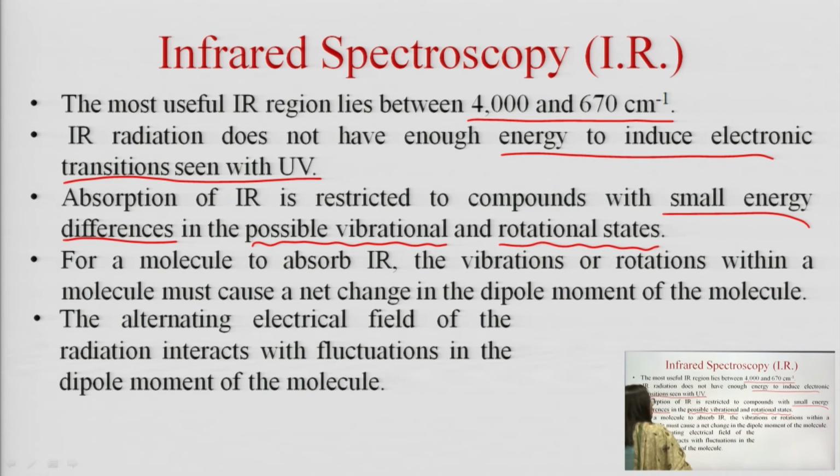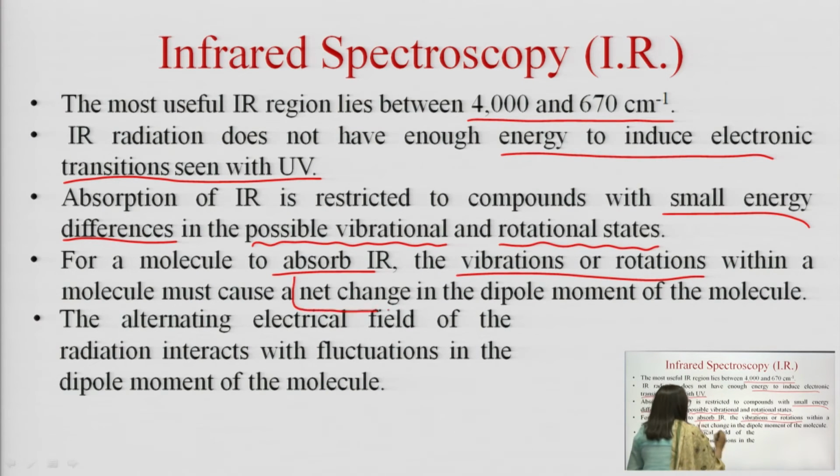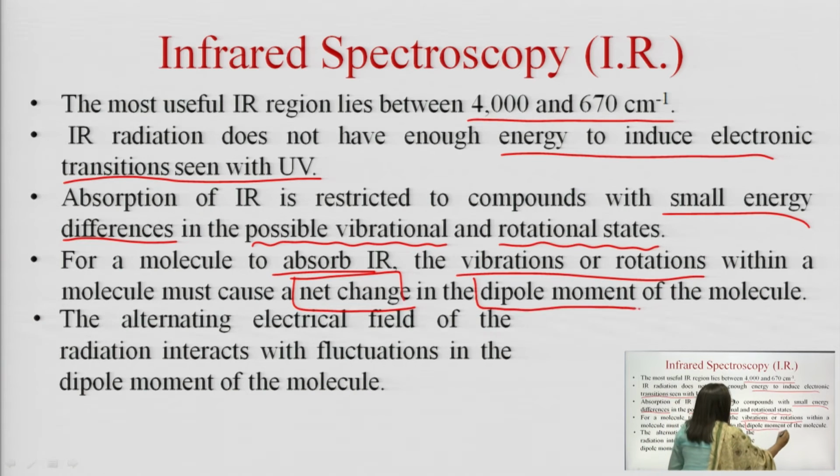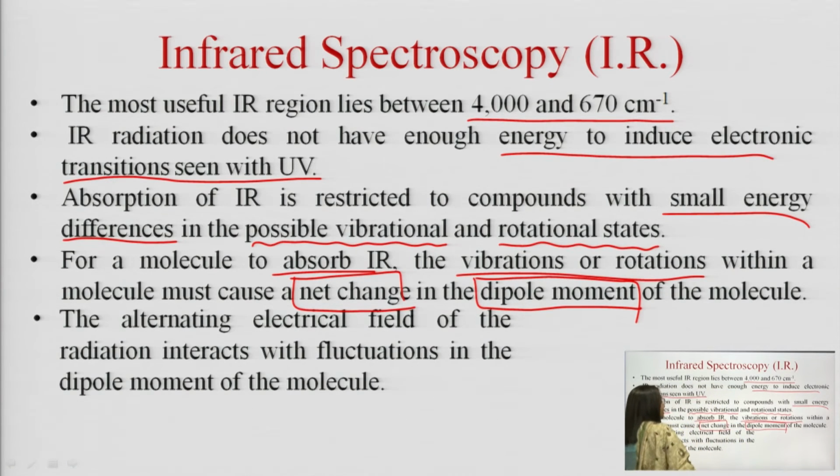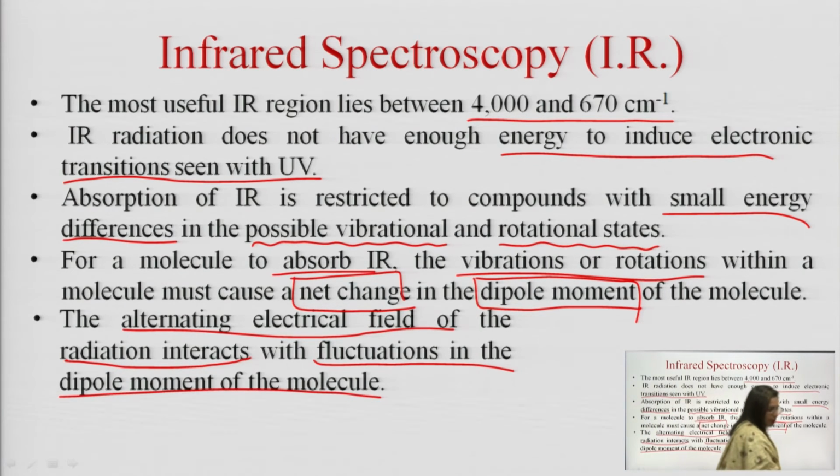For a molecule to absorb IR, the vibrations and rotations within the molecule must cause a net change in the dipole moment. So, the instrument identifies the change with respect to the change of the dipole moment of the molecule. The alternating electrical field of the radiation interacts with the fluctuation in the dipole moment of the molecule.